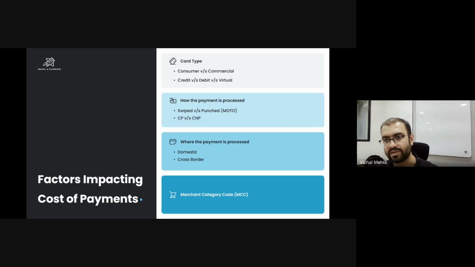So all your e-commerce transactions are card not present transactions, and the transactions where you are available, where the cashier can identify your card, that is a card present transaction. Obviously, card present is cheaper than card not present because the risk is lower, because they can identify who's the card holder. There's one very important nuance which is happening here.